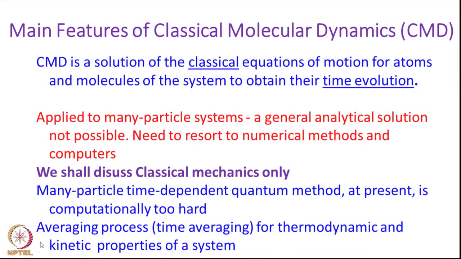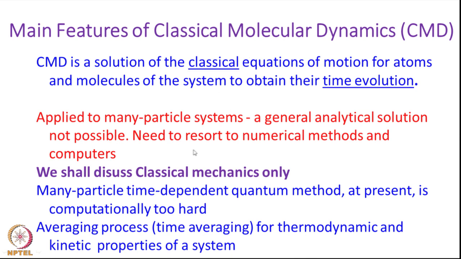The main thing would be, after you do classical molecular dynamics and study the time evolution, you will average over all the results of your simulation. It is called time averaging. You average to get thermodynamic and kinetic properties of the system. So, the goal is thermodynamics and kinetics, and your technique is molecular dynamics.